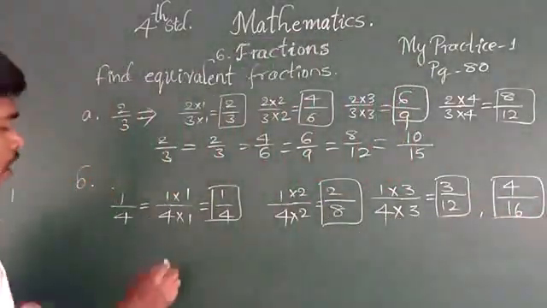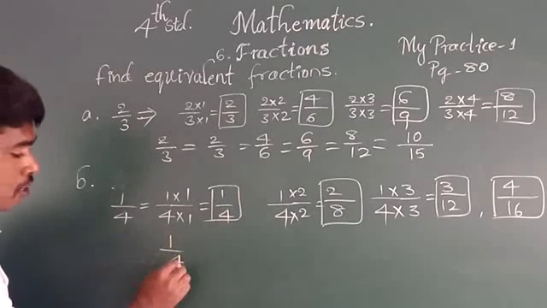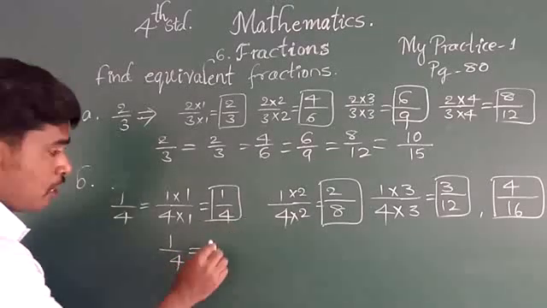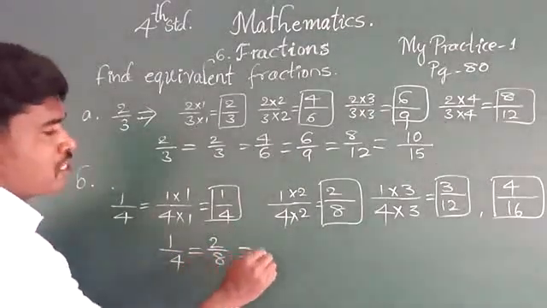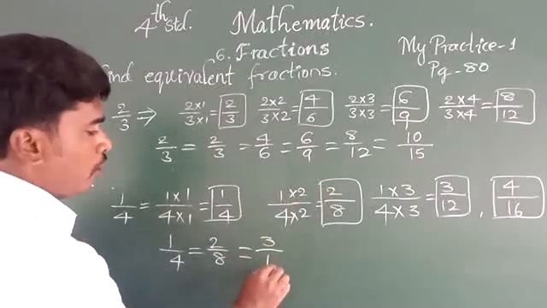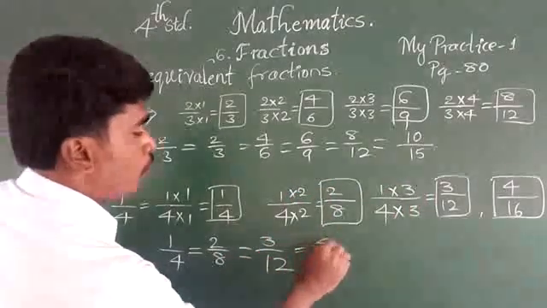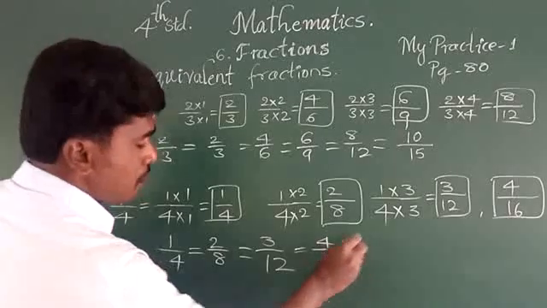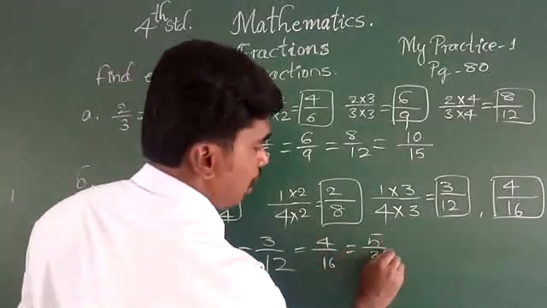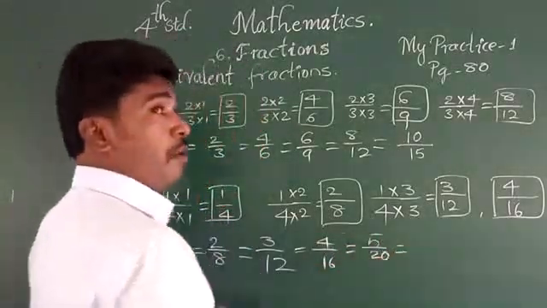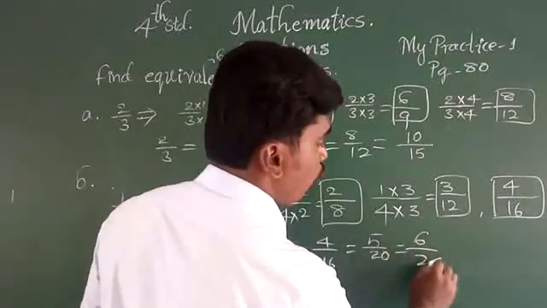So the fractions are 1 by 4, which is equal to 2 by 8, which is also equal to 3 by 12, and equal to 4 by 16. The next will be 5 by 20, and the very next will be 6 by 24.